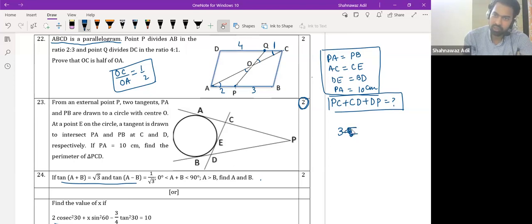Erase this one or cut this one and then write 35. Otherwise, they cut marks in these kinds of situations. So yeah, please keep these things in mind, or if you already knew, sorry to bother you about this.